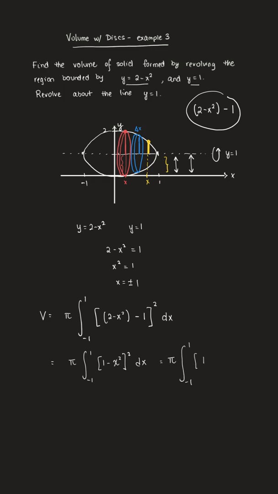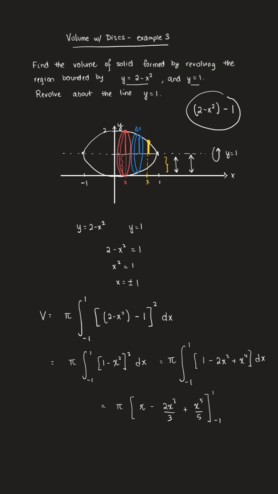That'll give me 1 minus 2x squared plus x to the 4th dx. And now each part is a power rule problem. So we have pi times x minus 2x cubed over 3 plus x to the 5 over 5 from negative 1 to 1. And as I mentioned before, we could just do it from 0 to 1 and multiply that by 2 because the parabola is symmetric.